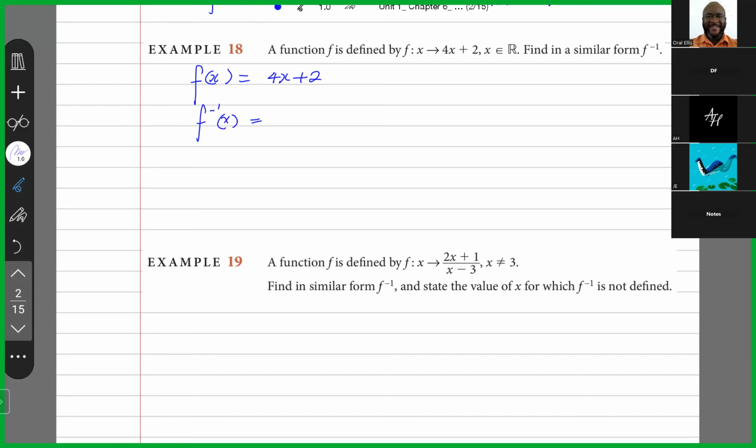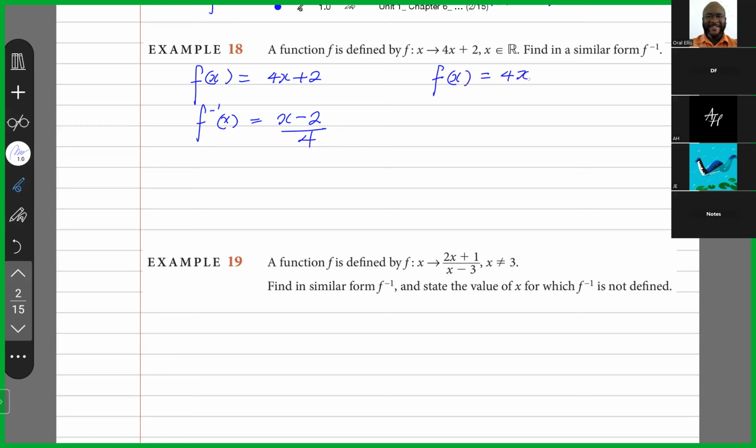For example, I can just look at the function f of x is equal to 4x plus 2 and say that the inverse is x minus 2 divided by 4. However, if you can't do that, you can do what you learned at CSEC.